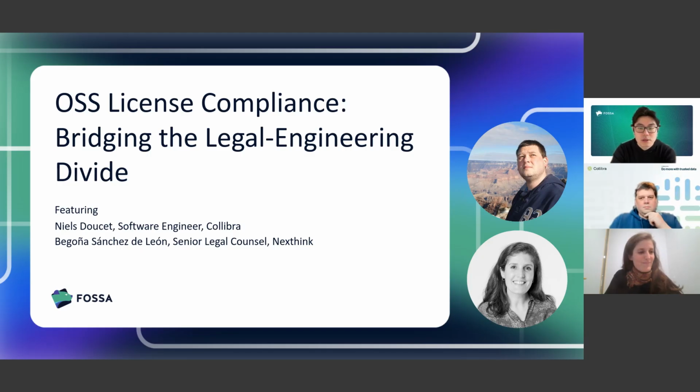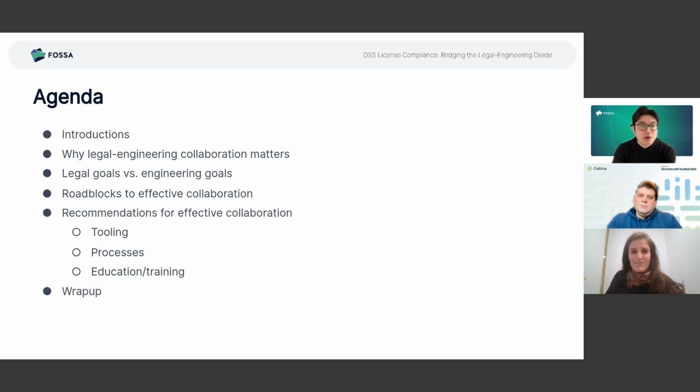Awesome. So let's get started. Let's take a look at today's agenda. We're going to start with a couple of introductions about FOSSA and our co-presenters. Then we'll get into the content for today, which will cover 4 really big topics around legal and engineering collaboration with compliance. We will start with talking about why legal and engineering collaboration matters and what's driven us to start these programs at our different companies.